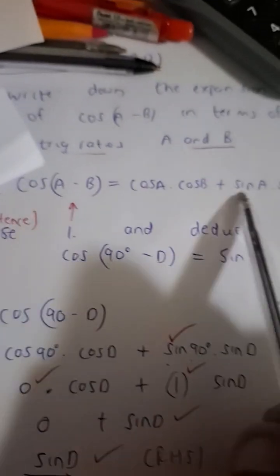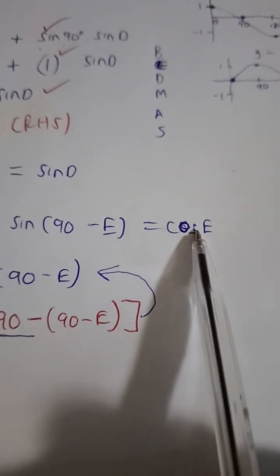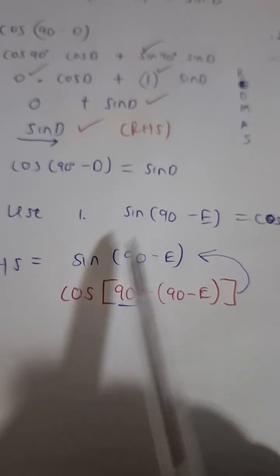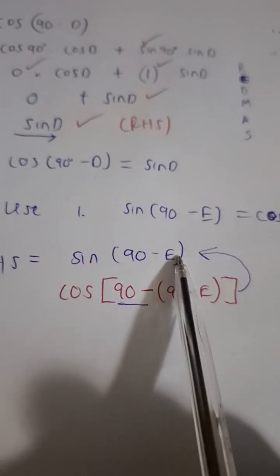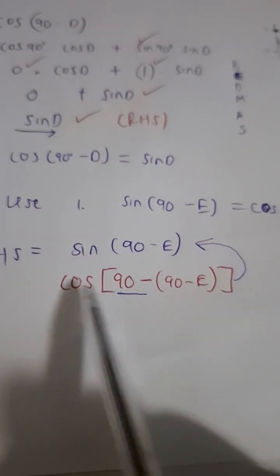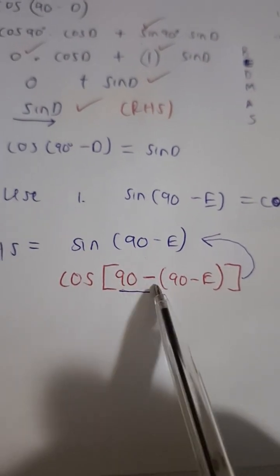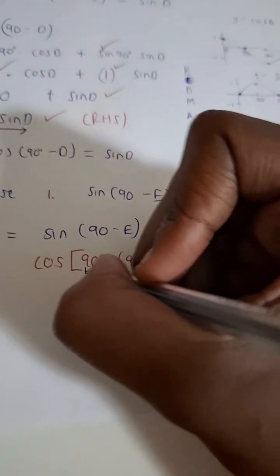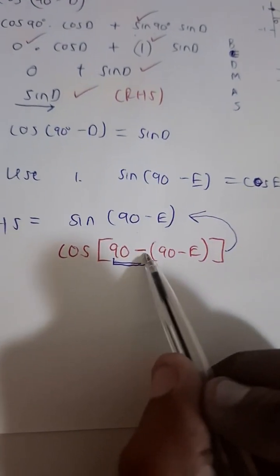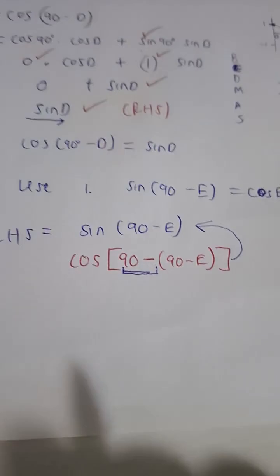I need to use this expansion to be able to prove that sine 90 minus e is equal to cos e. So you take the left hand side, sine of 90 minus e, write sine in terms of cos, but then you use the co-ratio, 90 minus. Why do you use 90 minus? It's because 90 minus is the co-ratio that leads to a change in trigonometric ratio.